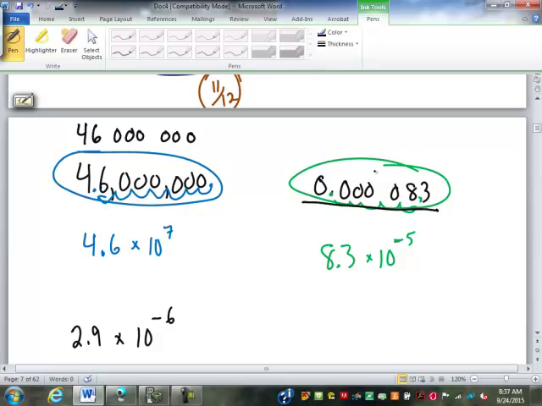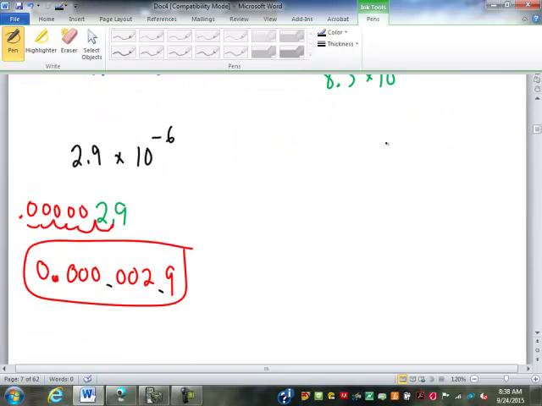In some countries they use a comma. So it's caused some confusion when we use a comma for separating every 3 places for large numbers, because other countries use a comma instead of a decimal point. So some of our textbooks have stopped using commas and just use that extra space for large numbers too. Just so you're aware.